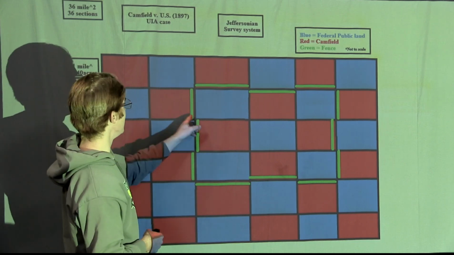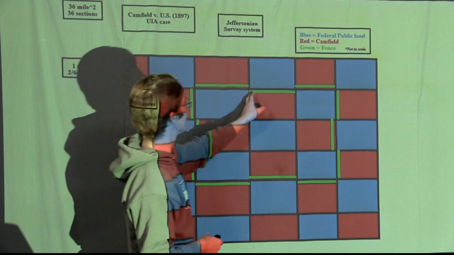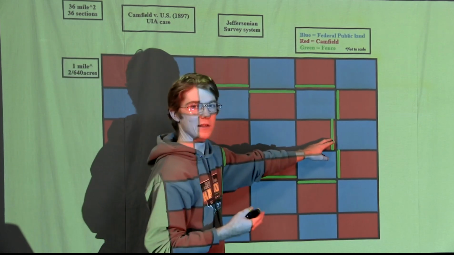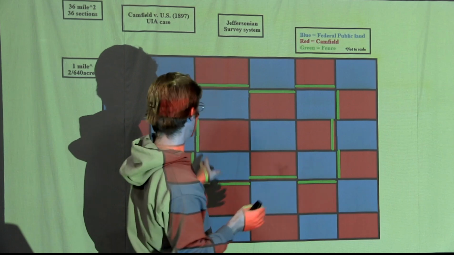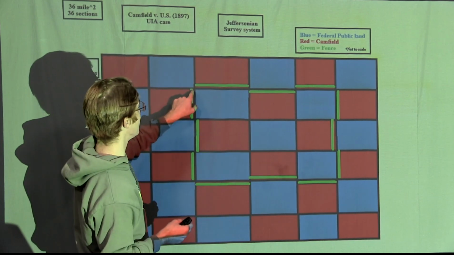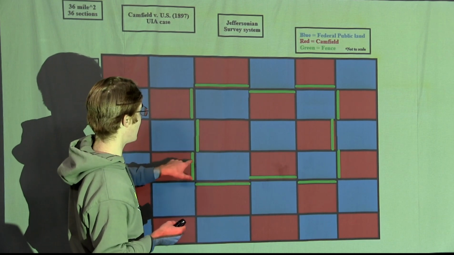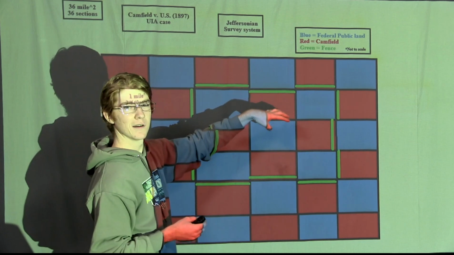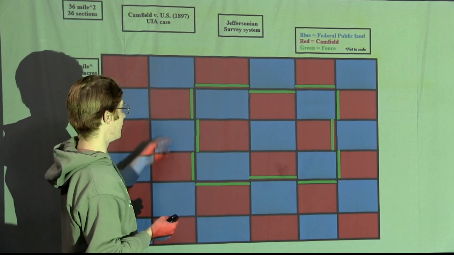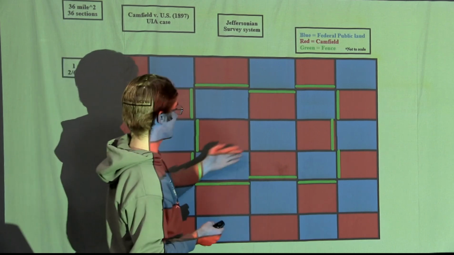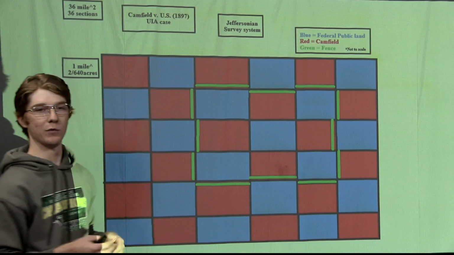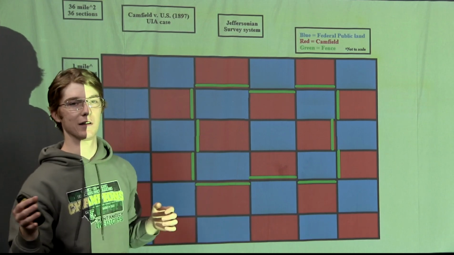But essentially Camfield builds a fence that stays on the land that he's deeded to. It's not like he builds fence across the corners or anything like that. His fence is entirely on his land, but it prevents anyone from accessing these sections of federal public land intermixed with his land.